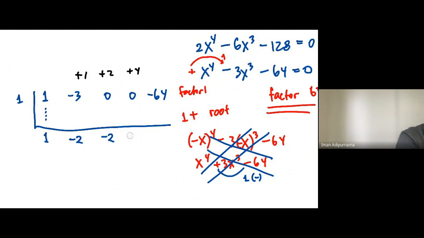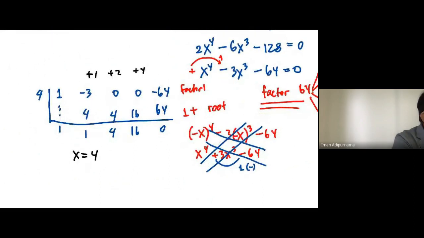So let's change to another number. Change to 2. I think we still don't get any 0, so let's skip this. And doing 4, I think we will get 0. So x equals 4 will be our positive root.